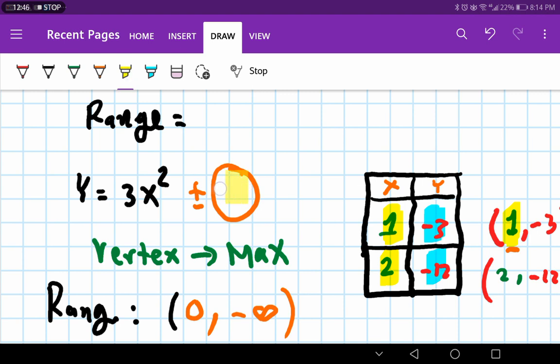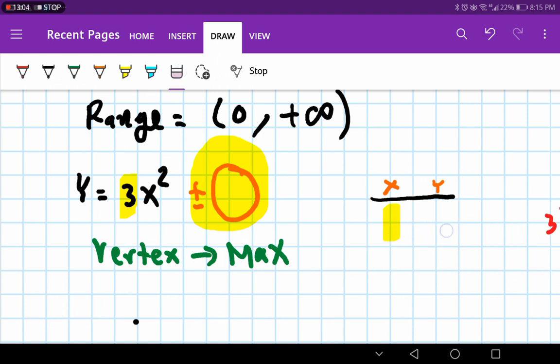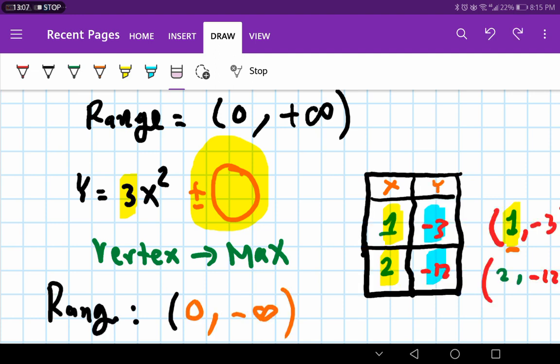It has no adding or subtracting any number here, so you start from 0. And because this is positive, it is positive infinity. Are you happy with that? Me too. Let us graph another one. Now, let us come back and tell you something here.